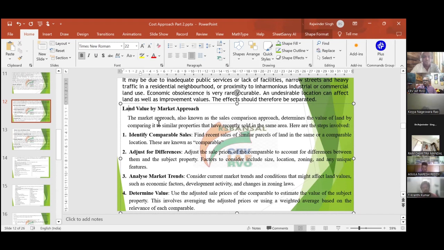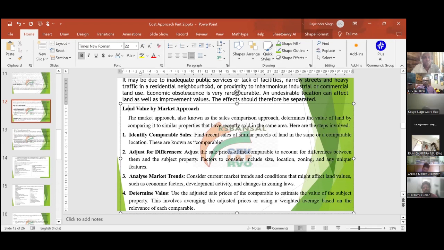How it will be done, we will discuss in the market approach. Then we will analyze the market trends, and depending upon the market trend, we will apply adjustments and other factors. We will determine the value of the land.